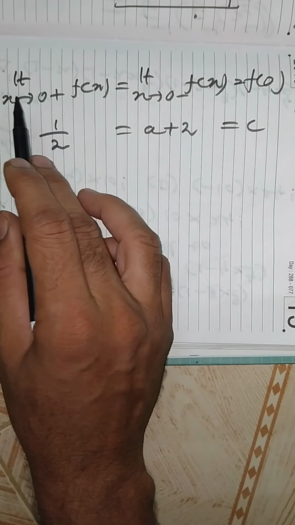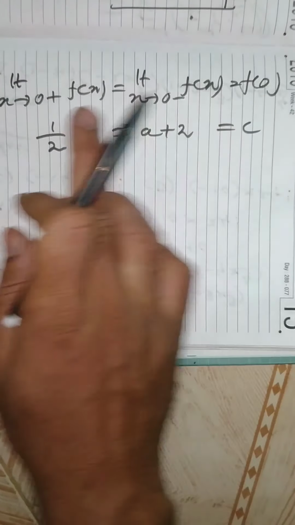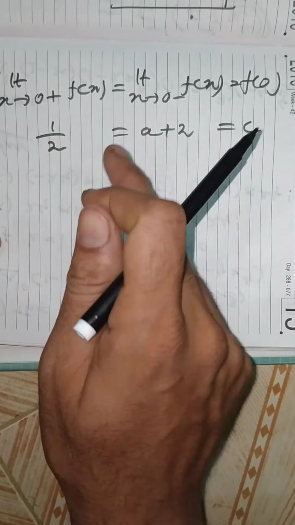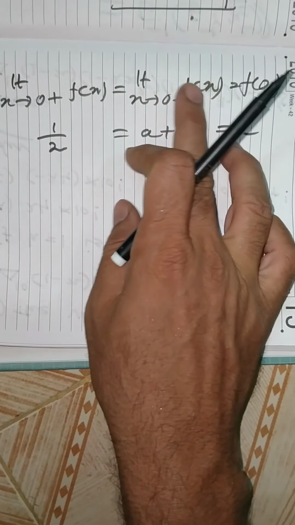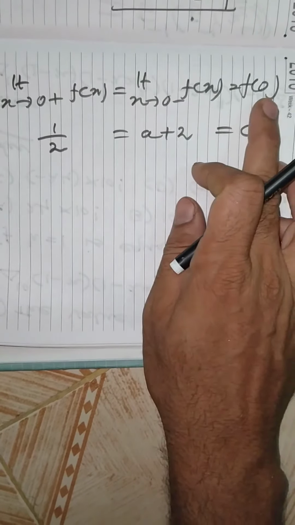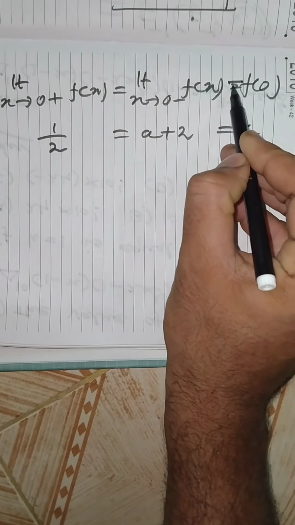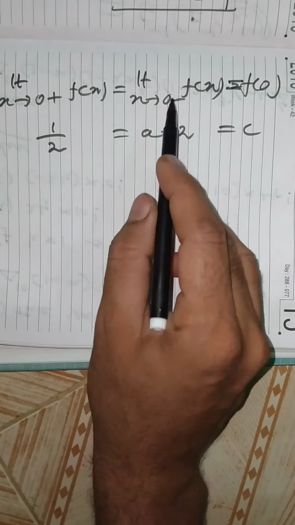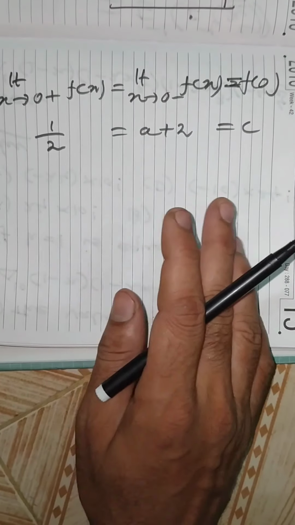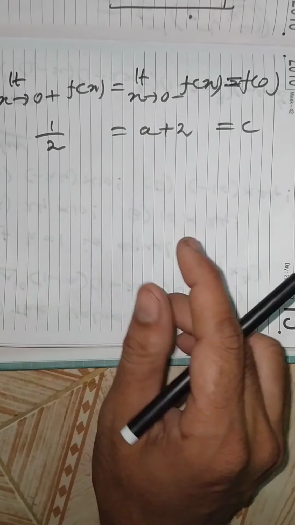So now we are equating the values because f is continuous at x equal to 0: the right limit equals the left limit equals the function value. So already we get the value 1 by 2 here, equal to a plus 2, equal to f of 0 value c. Our aim is to find out the a and c values, right?